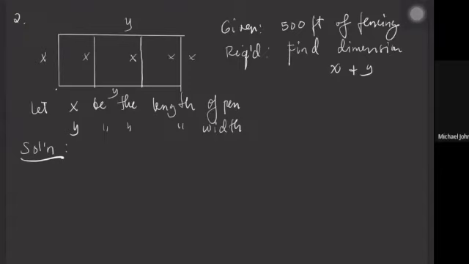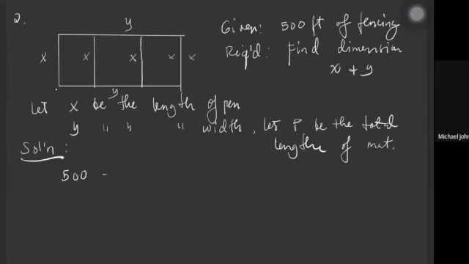So again, we also have to let P be the total length of material, and that is represented by 500. So let P be equal to 500, and that should be, how many x's do we have? First, plus the partition, we have 3x, right? So this gives us 5x plus 2y, that's 500. And so let's call this equation 1.